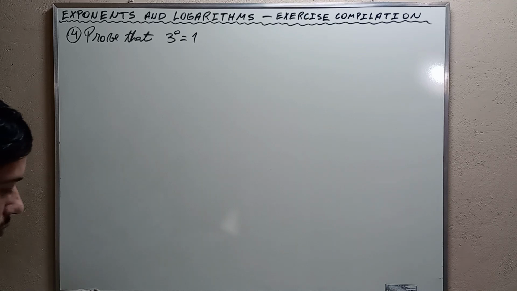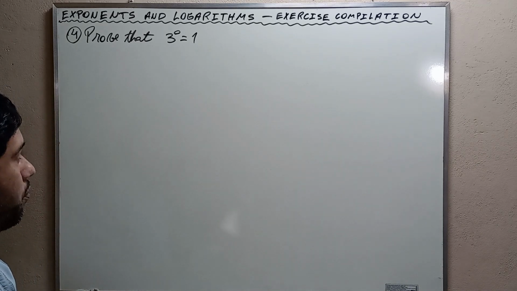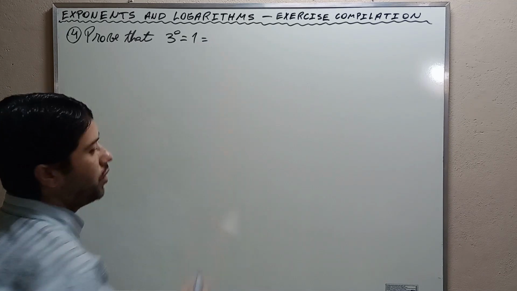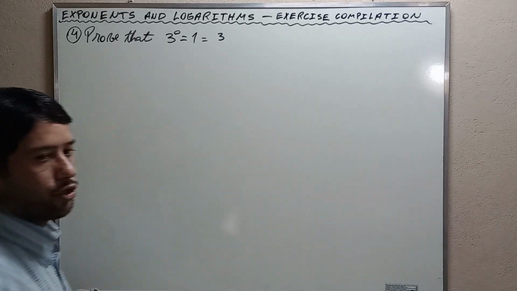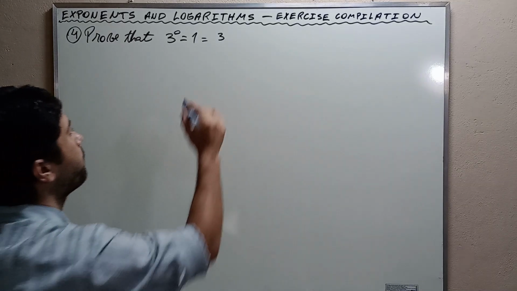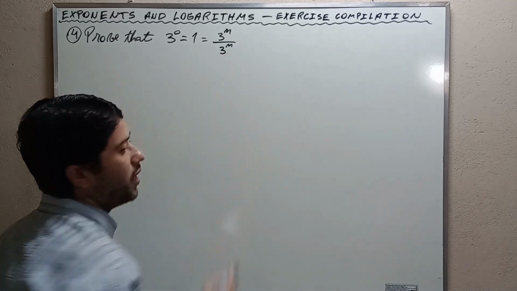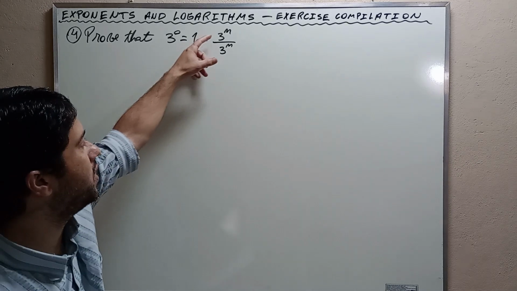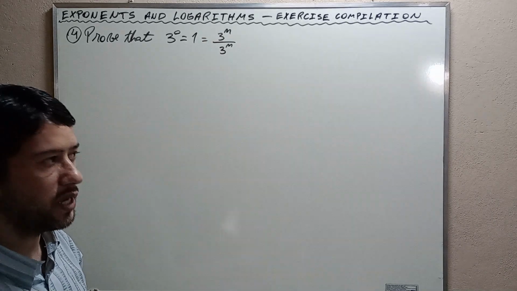Let's go to the solution, my friend. We can prove that 3 raised to the power of 0 is equal to 1 if we make this assumption here. We're going to assume that 3 to the nth divided by 3 to the nth is equal to 1, of course, because we have a number here. 3 to the nth is going to result in a number.